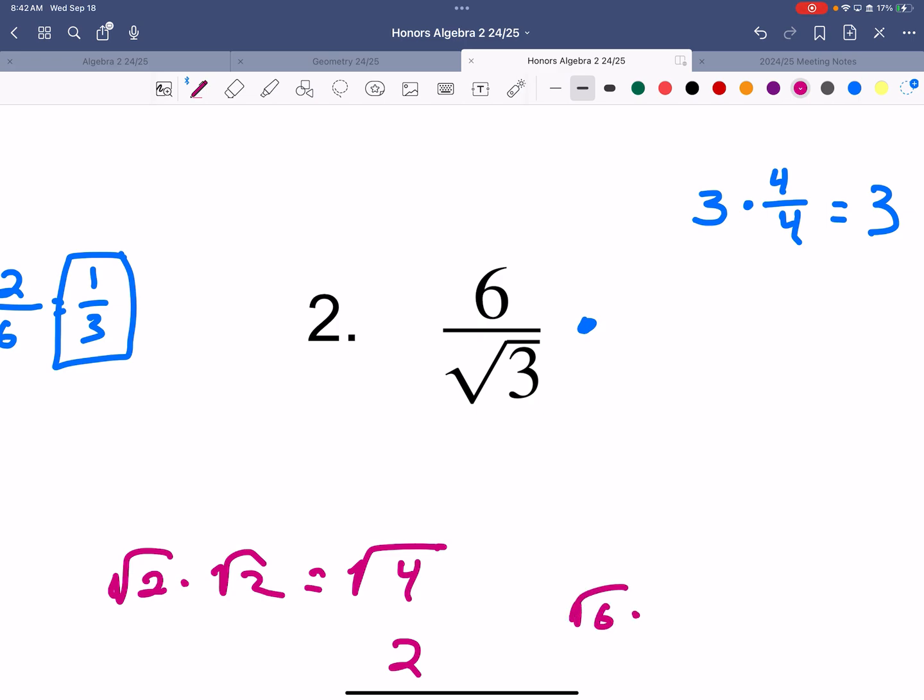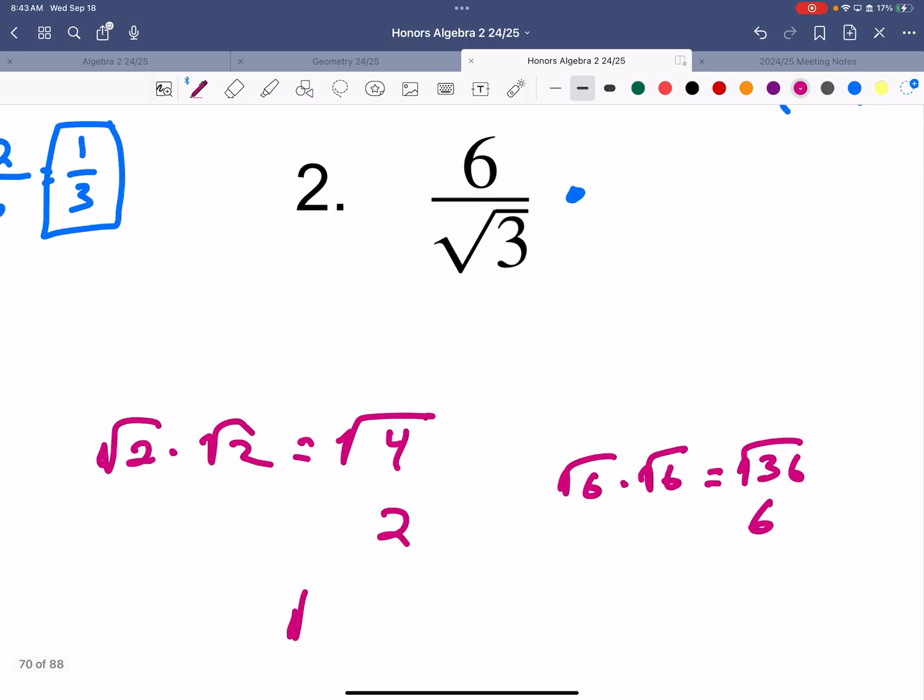If I take radical 6 times radical 6, that's radical 36. But what's radical 36? 6. If I take radical 3 times radical 3, that's radical 9, which is just, not radical 3, just 3.